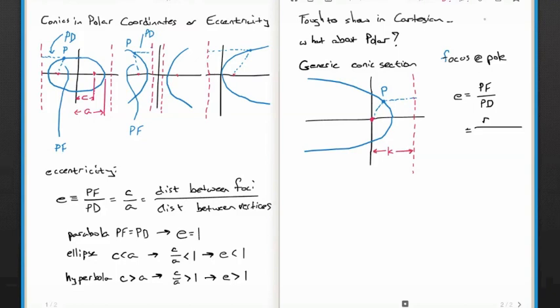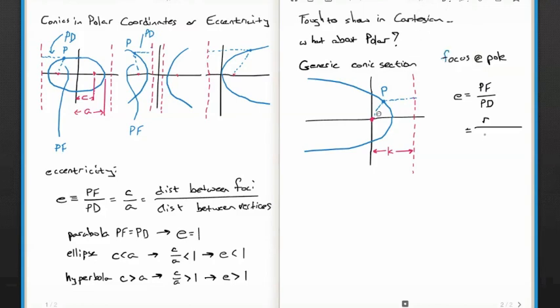So the distance to the directrix from this point is k, because I just have to go all the way k, minus the x value of this point. If I define this as theta, then this is our r cosine theta.